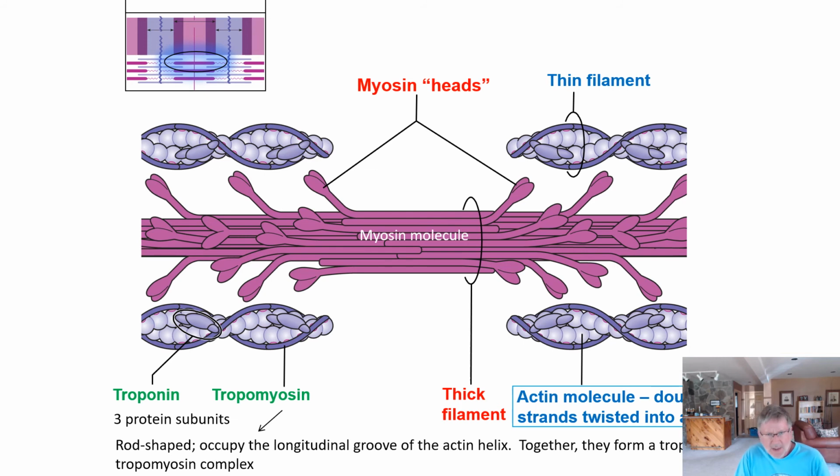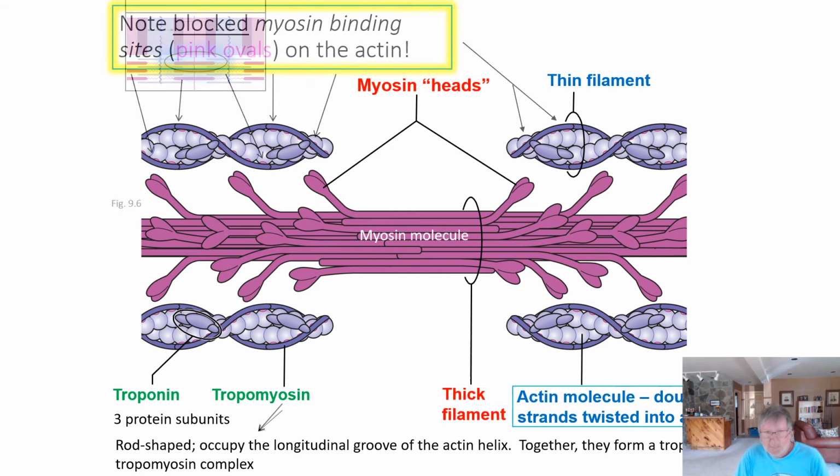All right, so we need to understand again the different parts of the myosin and the actin so that we can begin to understand how they interact. Let's make special note of this diagram that shows how the tropomyosin molecule here, the blue strand, is covering that helical actin, and it's blocking what's referred to as the myosin binding sites.